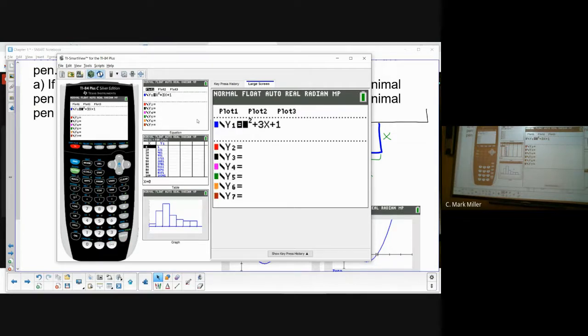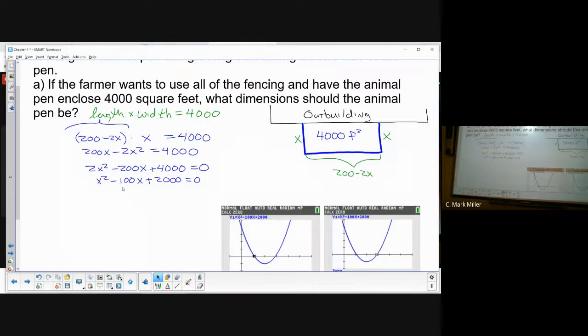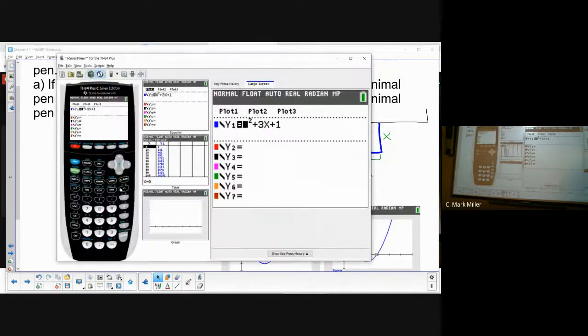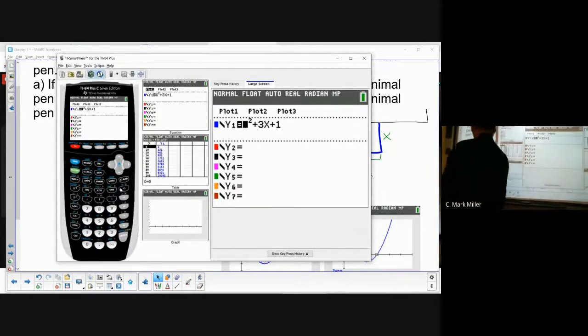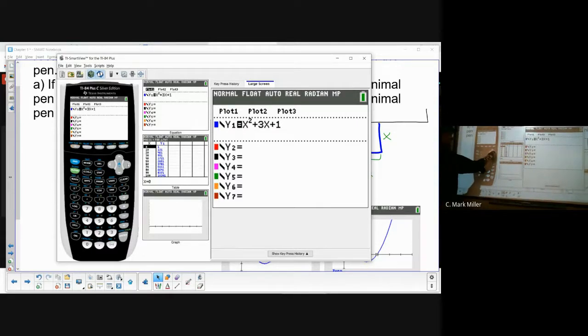We want to solve this equation here: x squared minus 100x plus 2,000. And yeah, let's graph that.